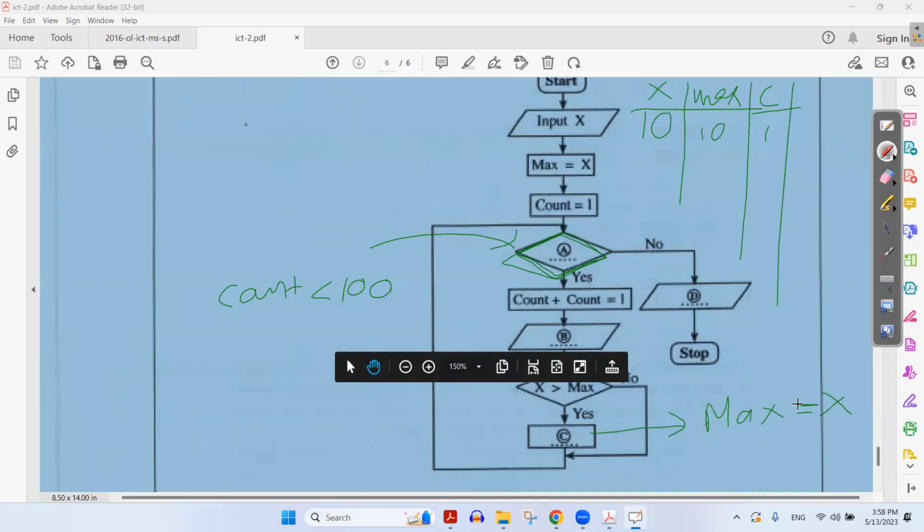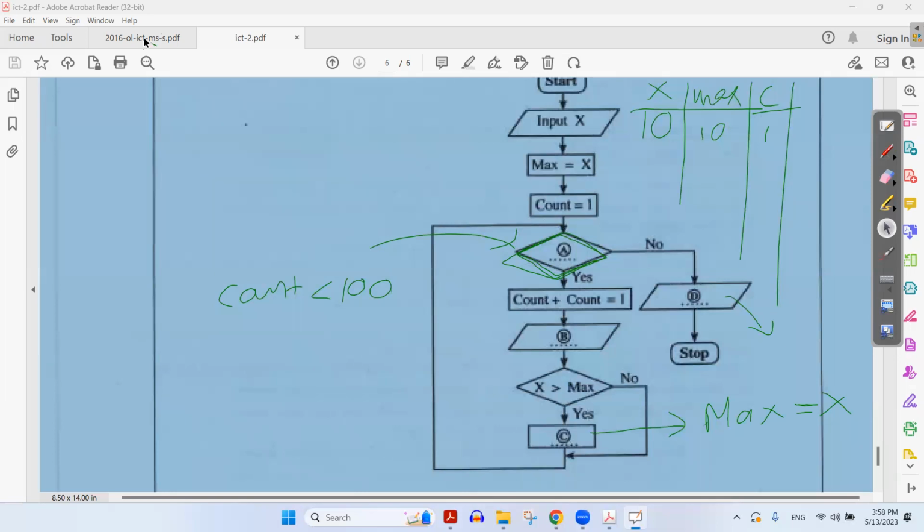Right, so max will be assigned with the X. And the D will be displayed. Right, so let's see how the marking scheme is going to be there.